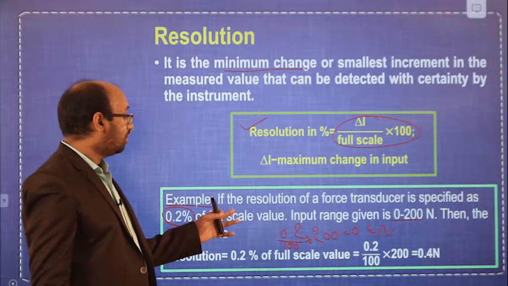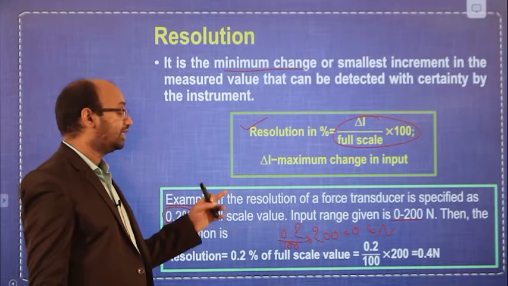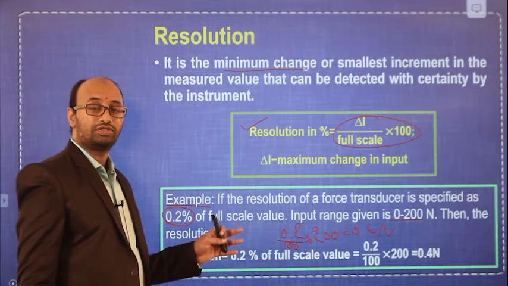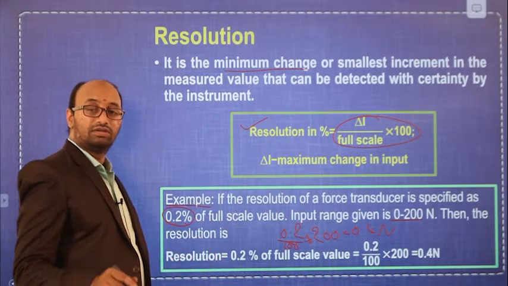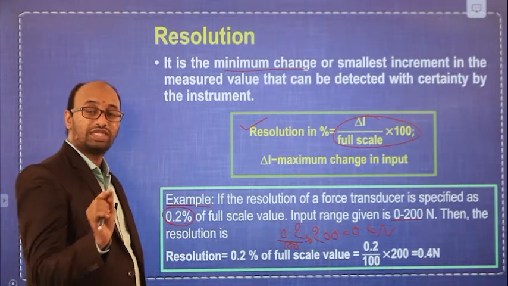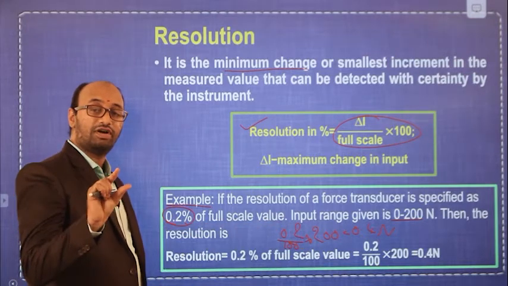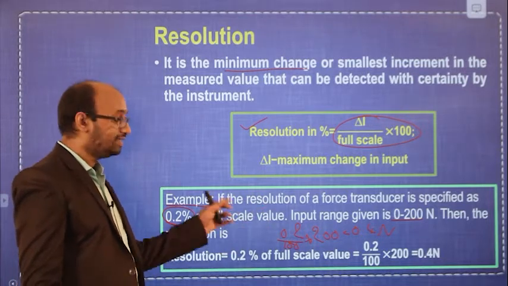So the resolution of this force transducer is 0.2% of full scale value, that is equal to 0.4 Newtons. So the maximum input change that is required for the change in the output is 0.4 Newton. So the smallest change that is required to bring a change in the output is 0.4 Newton in this example.